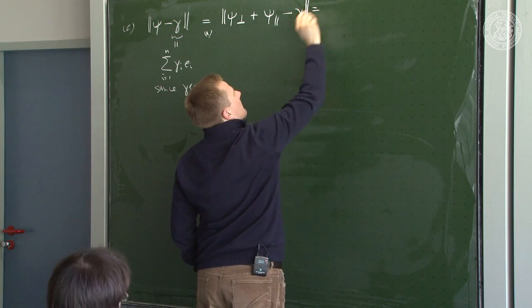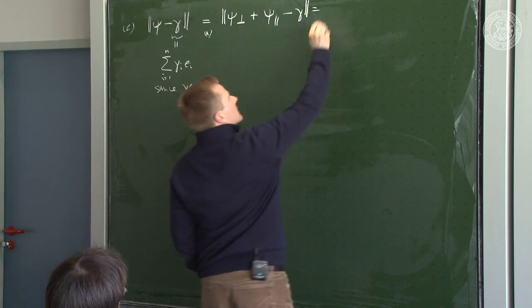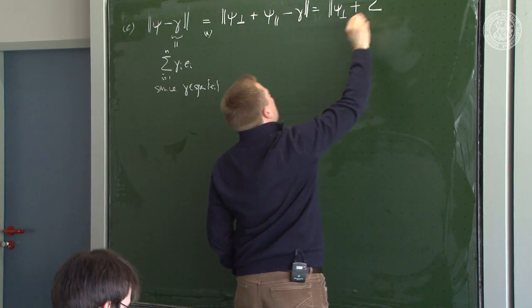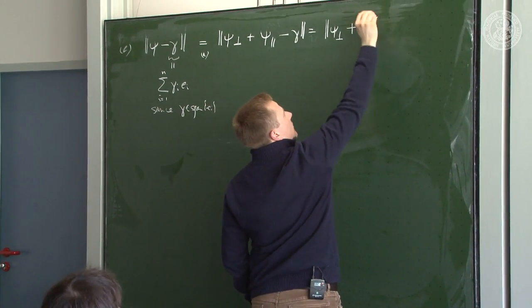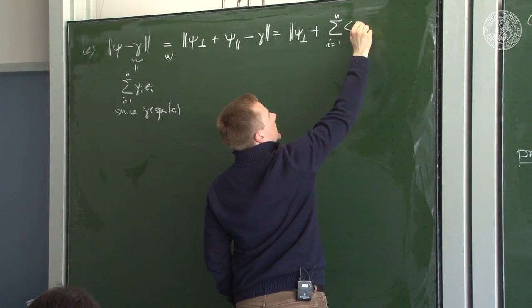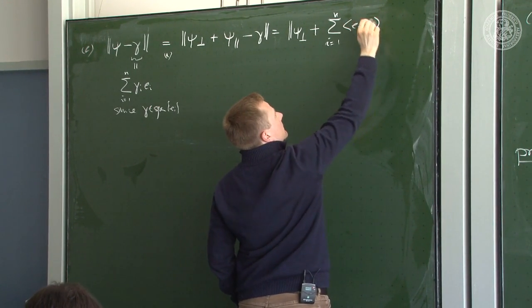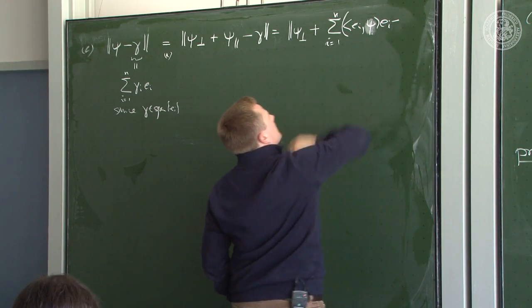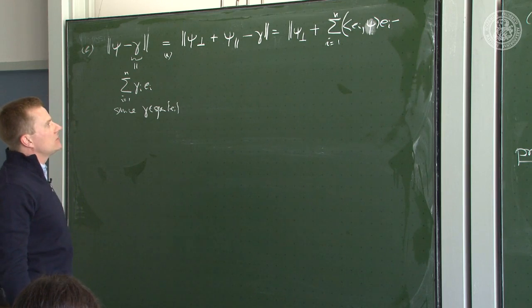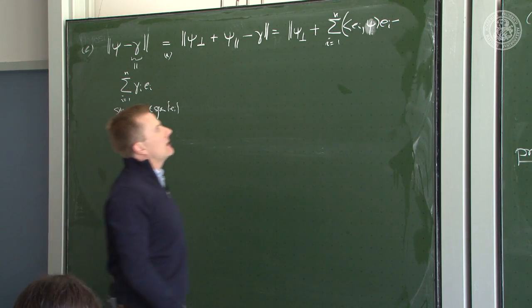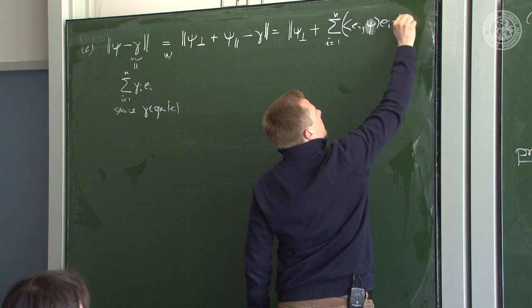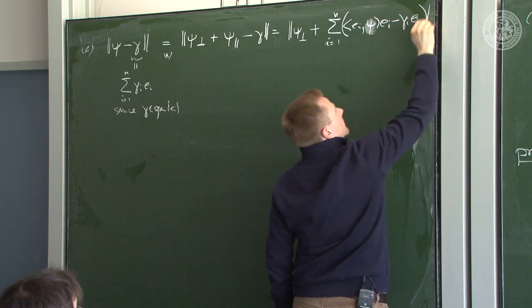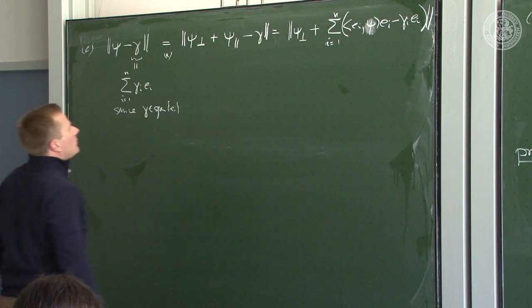But that amounts to psi orthogonal plus the sum, well, psi parallel goes from 1 to n of ei psi ei minus, now I put them all under the same sum. I can certainly do this because it's a finite sum. Otherwise, I might worry about ordering ambiguities. Something like this here. Then take the norm.